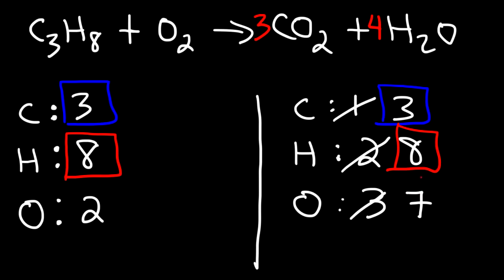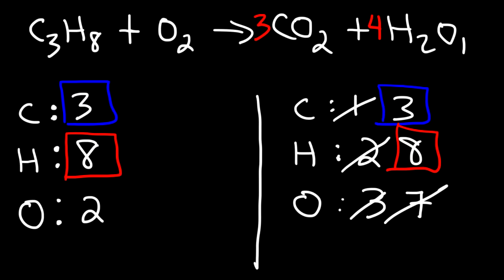So the last thing we need to do is balance the oxygen atoms. Now, by putting a 4 in front of H2O, we also change the oxygen atoms again. So we need to recalculate it. It's no longer 7. Here we have 3 times 2, which is 6, and 4 times 1, which is 4.